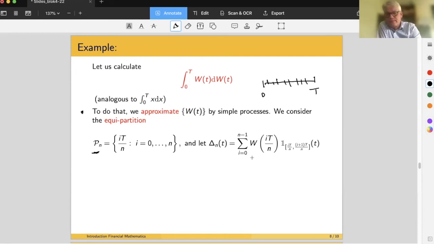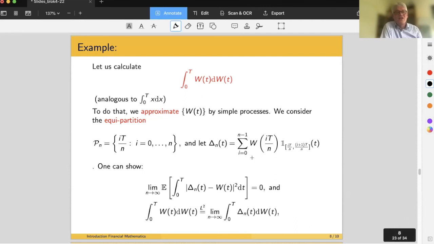Anyways, one can show that the limit n to infinity of the expected value of the integral from 0 to t of these simple functions, the functions that I've just defined, minus W_t in absolute value squared, that is equal to 0.